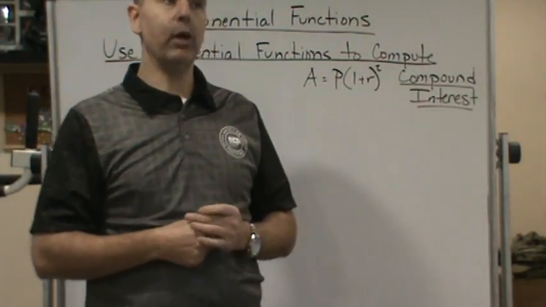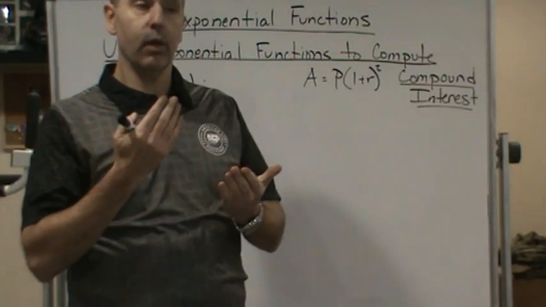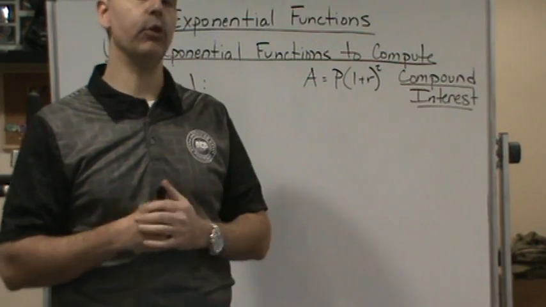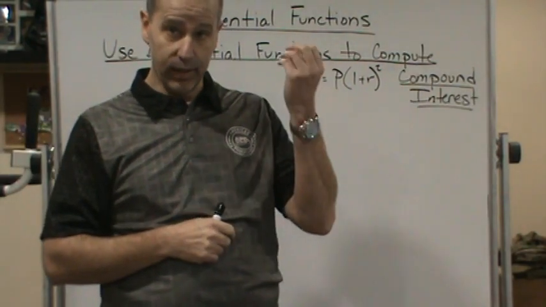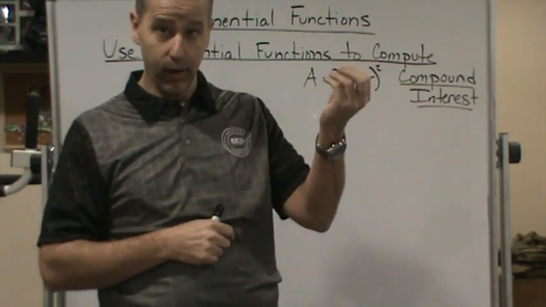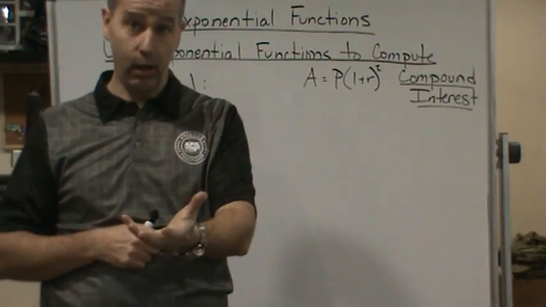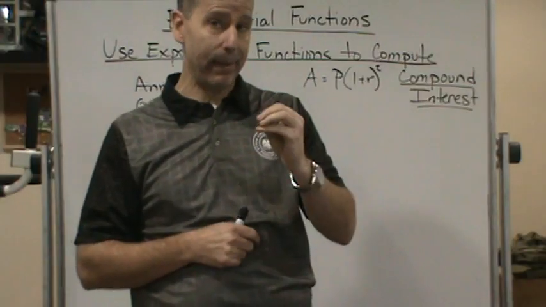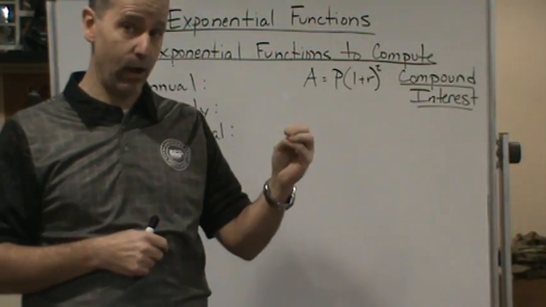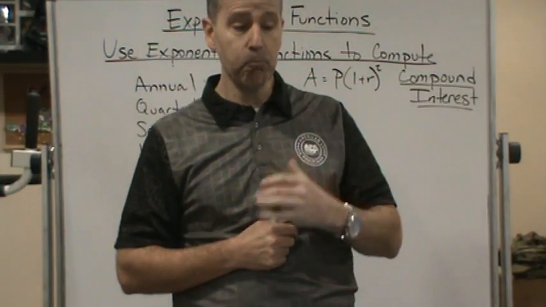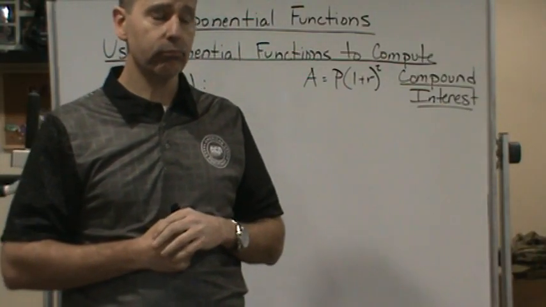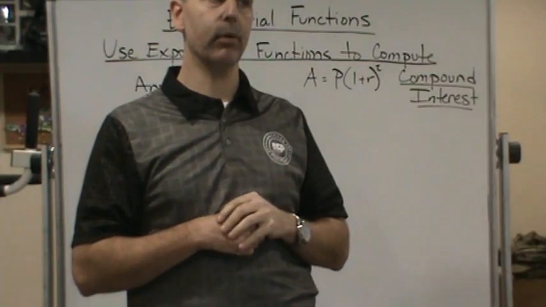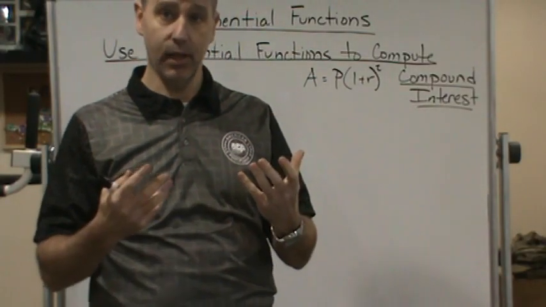Well, we would need to come up with a monthly interest rate, right? So how would we do that? We would take the annual interest rate, R, and we would divide by 12, right? And now if we're compounding every month, that means time can't be in years. We have to look at the number of times that it compounds.